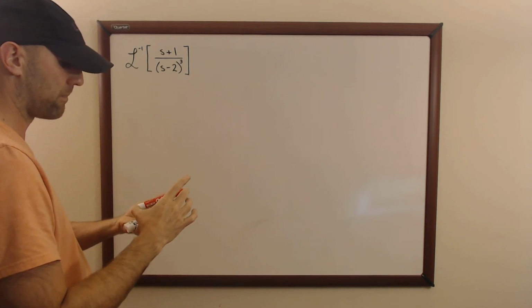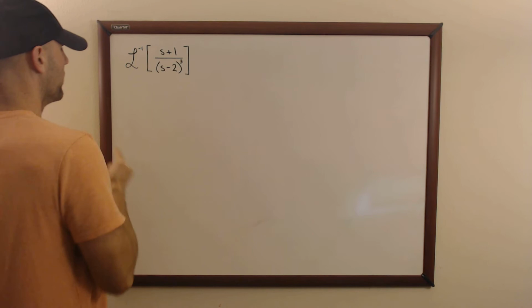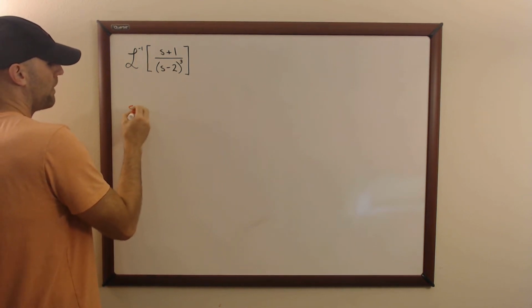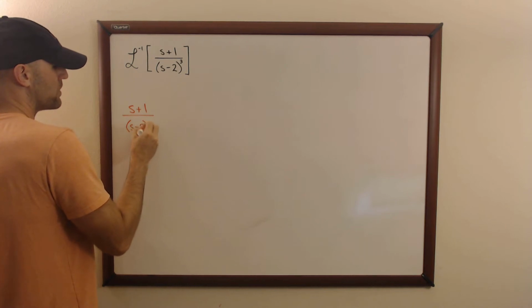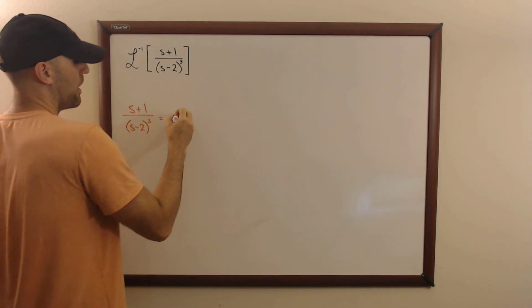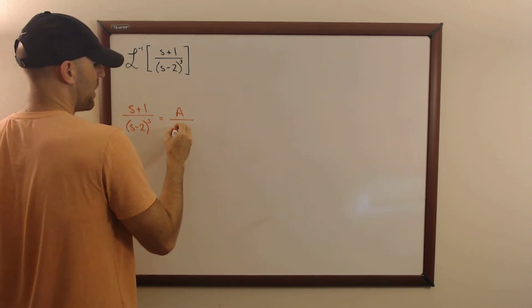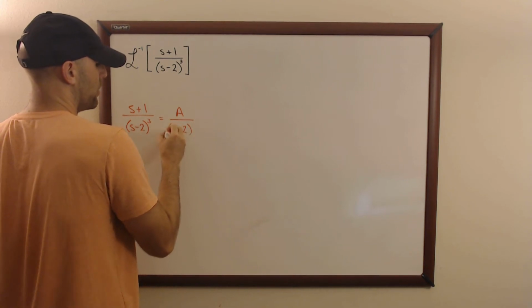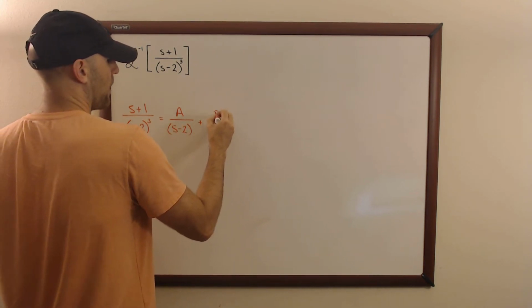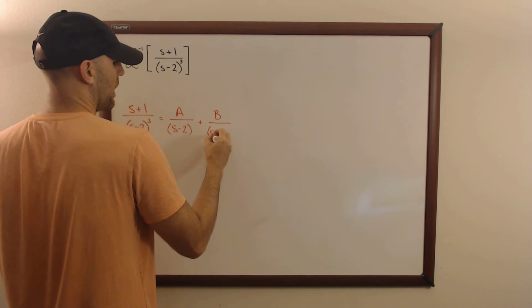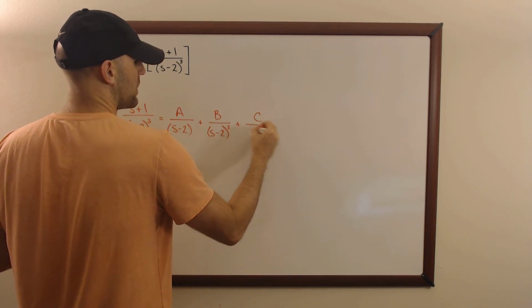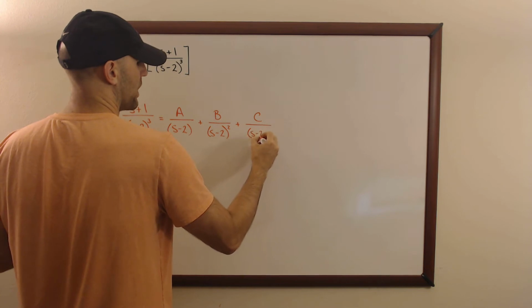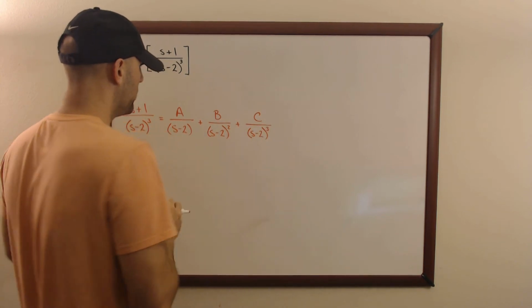I guess I'll use red. So I know that s plus 1 over s minus 2 cubed is a over s minus 2 plus b over s minus 2 squared plus c over s minus 2 cubed.